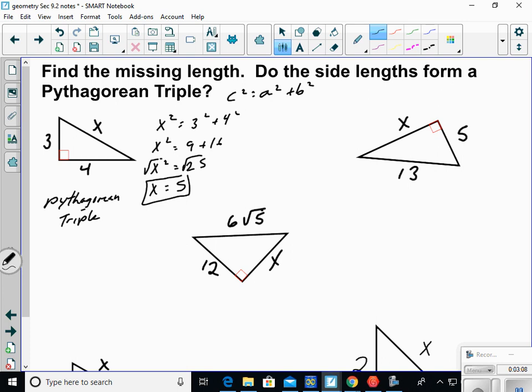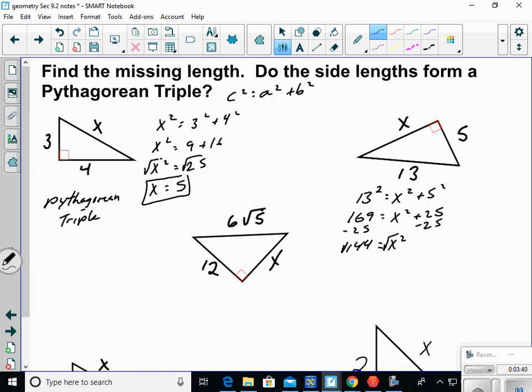Alright, so then over to the right, we've got x, 5, and 13. In this case, the 13 is our hypotenuse, so 13 squared is going to equal x squared plus 5 squared. 13 squared is 169, equals x squared plus 25. Subtract 25 from both sides. 144 equals x squared.